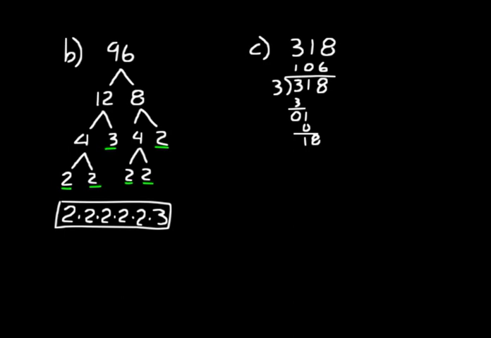So 3 is a prime factor. Then we'll take the 106 and break that up. And we know it's an even number, so we'll divide by 2 there. And we'd end up with 53. 53 happens to be a prime number. So our answer is just going to be 2 times 3 times 53.